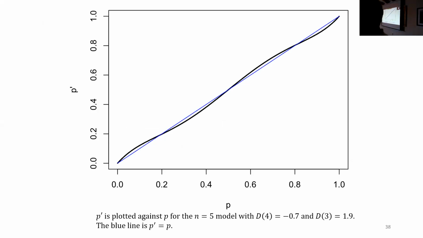And what we see is amazingly interesting and highly unexpected. What you see here is the dynamic where I plot the frequency in the next generation against the frequency in the present generation.